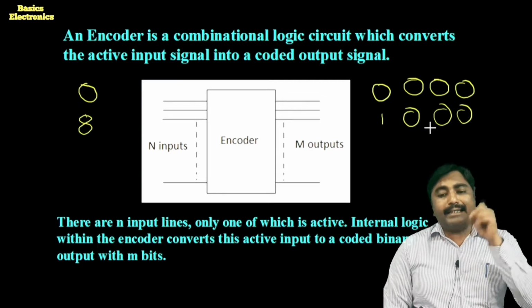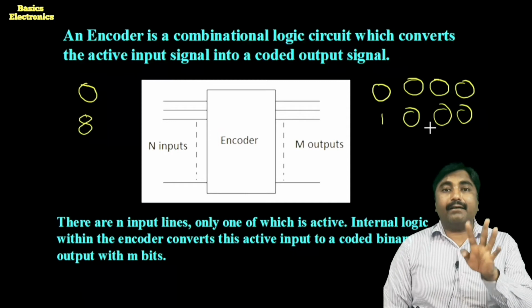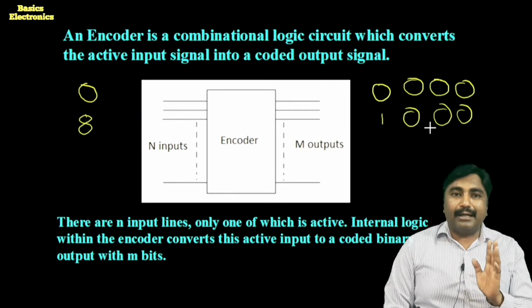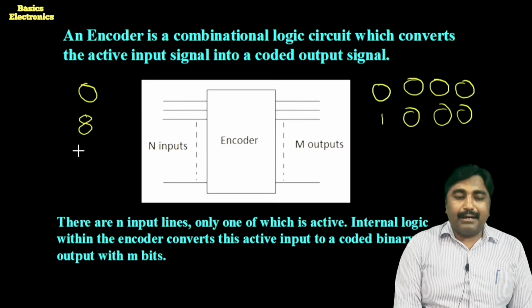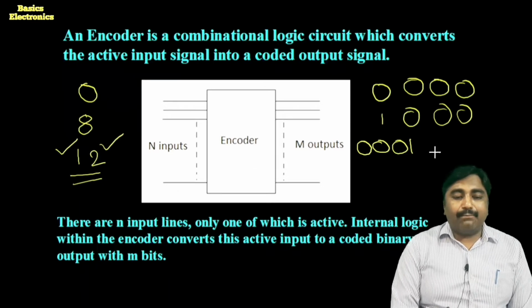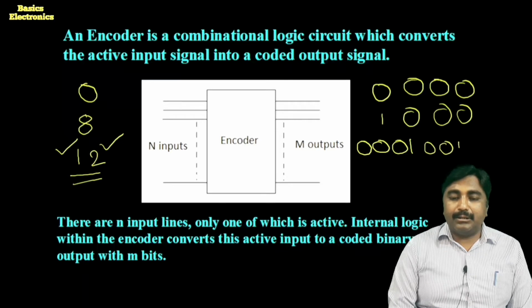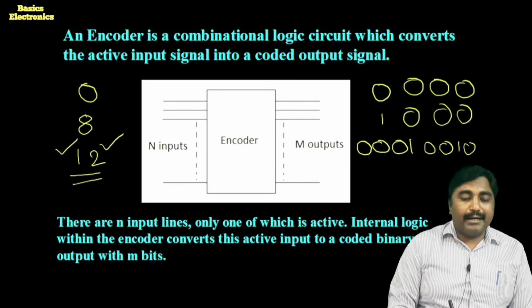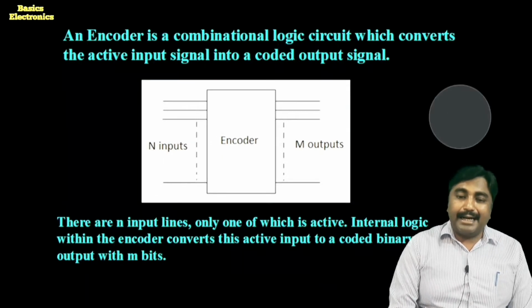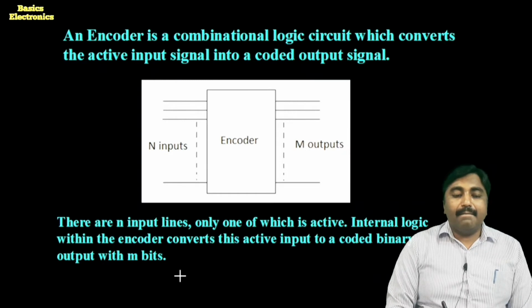One decimal digit has its equivalent in 4 bits; a single decimal digit, not a decimal number. For digit 1 the equivalent is 0001 and for 2 it is 0010. So each decimal digit is coded into a 4-bit binary, which we call BCD, binary coded decimal.